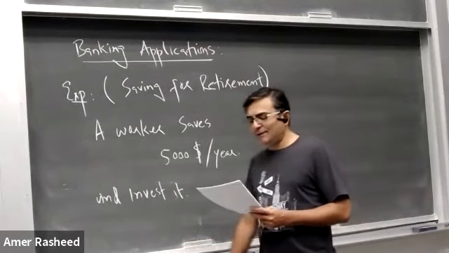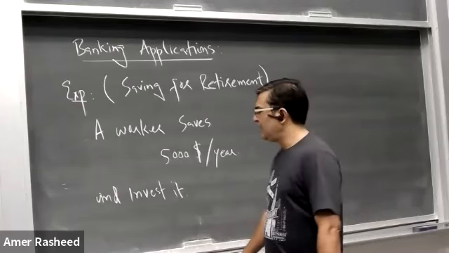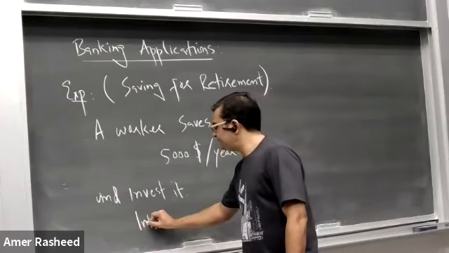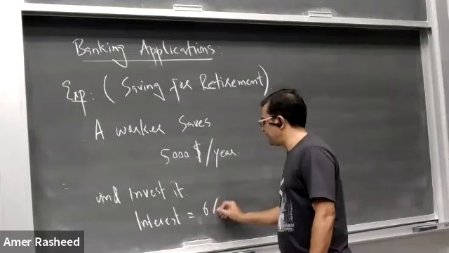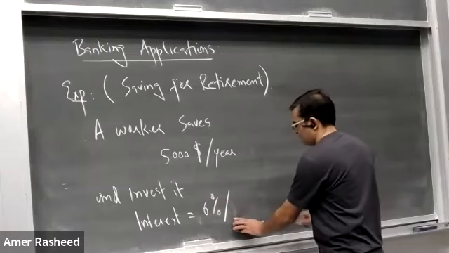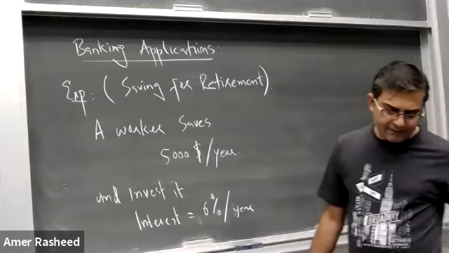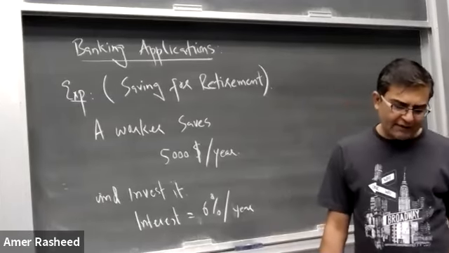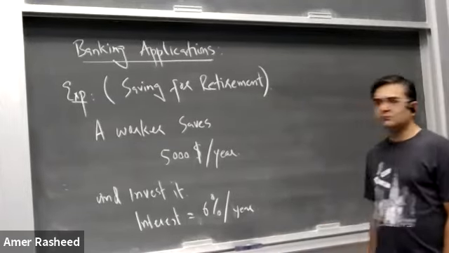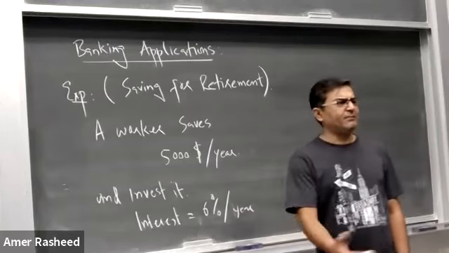And he makes 6% interest annually, 6% per year. He puts it in the bank in a savings account, and he gets the interest. How much will he or she have 30 years later? It's a very simple model.